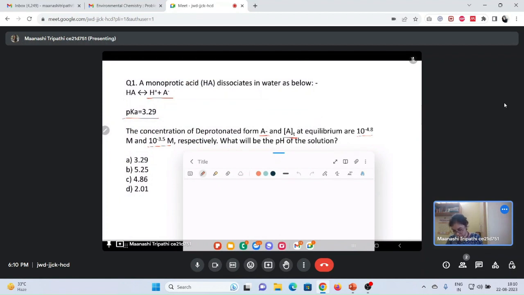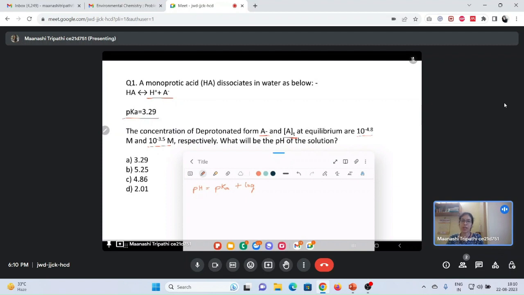Okay, so first you know that pH is equal to pKa plus log. Be very careful, we will use log here, not ln. Why log?